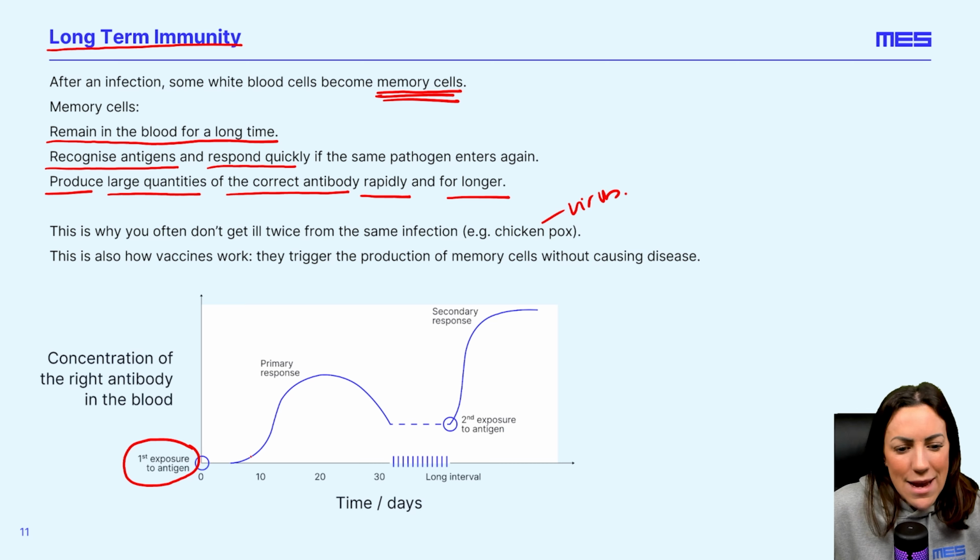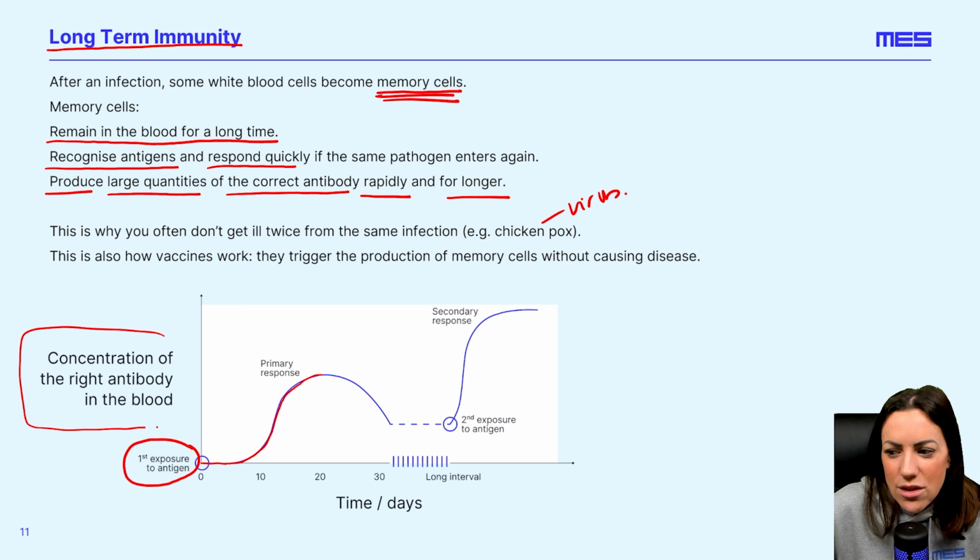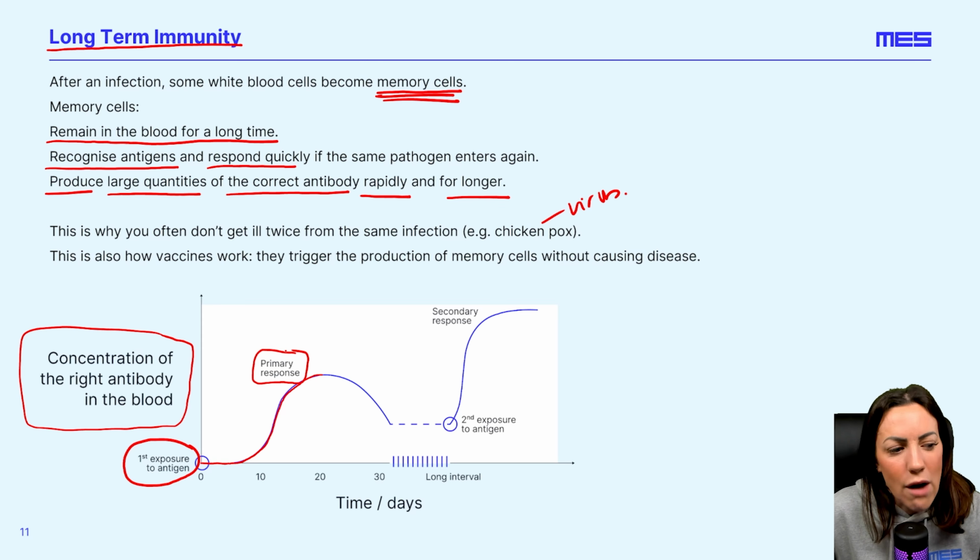Yes, you will start to make antibodies, but you can see from the graph, it's quite slow. There's a bit of a delay. Meanwhile, you're getting ill, you're showing symptoms, you've got your chickenpox spots. And then the concentration of antibodies does start to increase, but quite slowly. And you don't make that many. So the concentration of antibody does not get that high. Meanwhile, you are suffering from those symptoms, right? That would be your primary response or the first time you are infected with that specific pathogen.